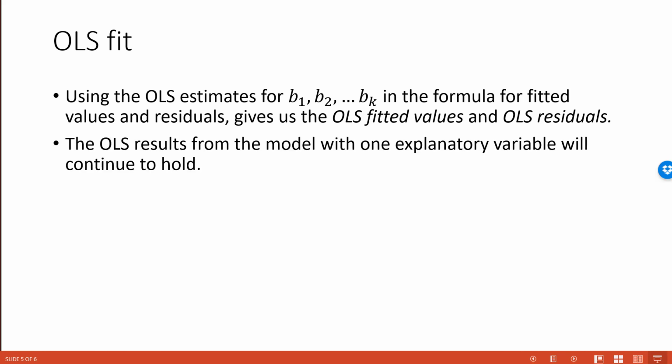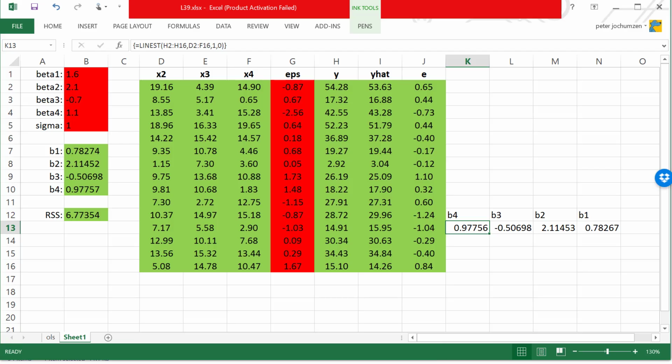Well, all of these are still going to be true. For example, one of the results was that the OLS residuals had to sum to 0. That's something we can easily check. If I do equals sum of all the residuals, I will indeed get 0.